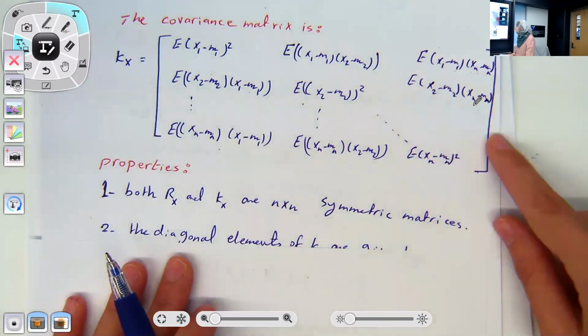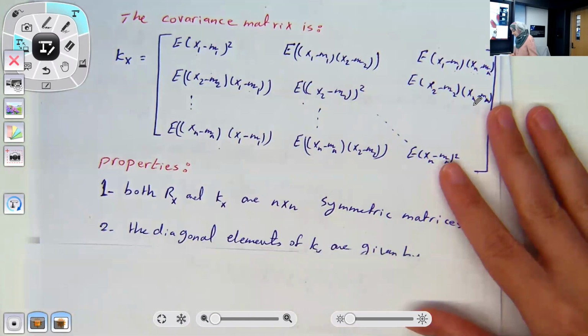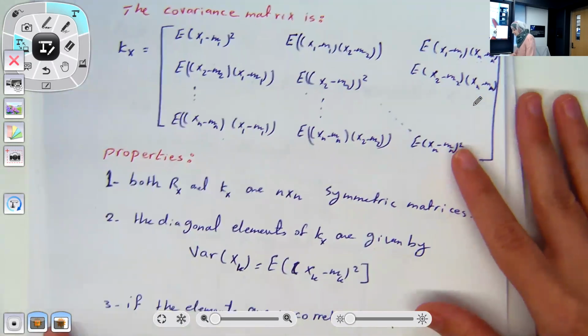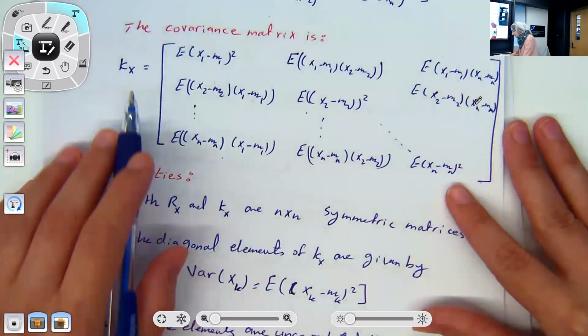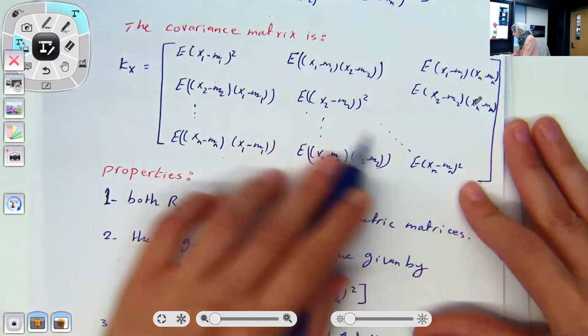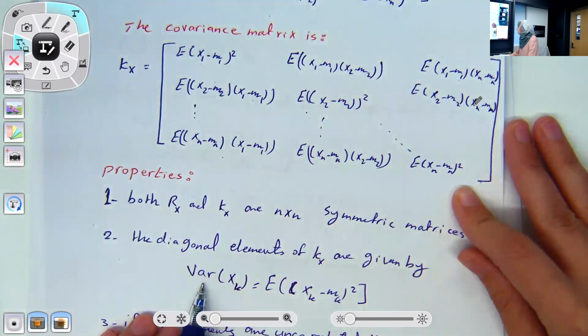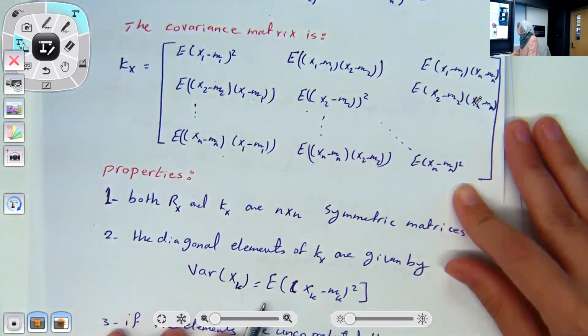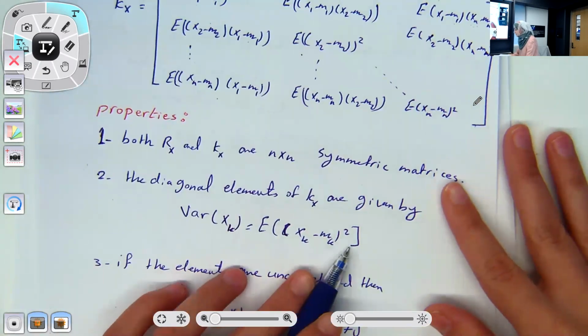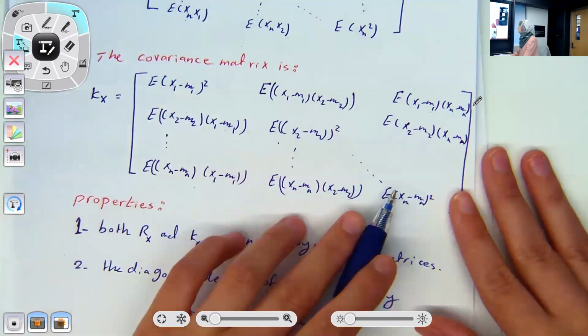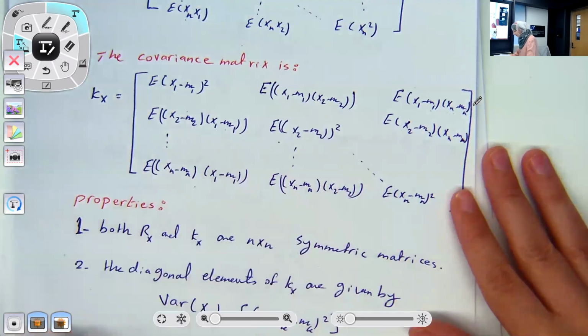The second thing: the diagonal elements of this matrix are equal to the variance of x, because the variance of xk equals the expected value of (xk minus mu k) squared. So the diagonal here is the variance.